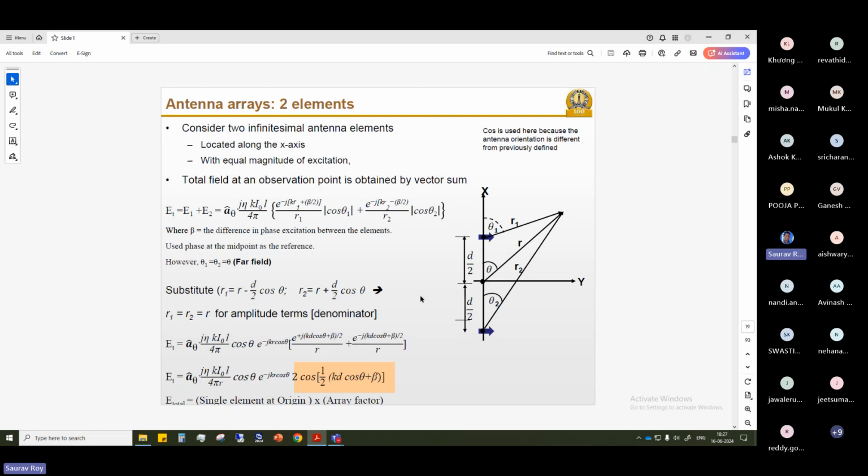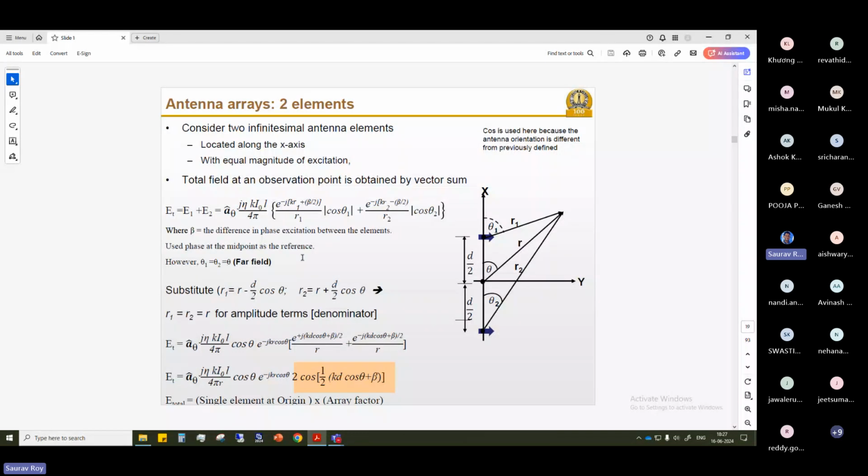So what happens is that we generally make an approximation here. If you go to a very far away point, then theta 1 and theta 2 become almost the same. So the amplitude remains almost the same, and for the amplitude term, R1 and R2 you can take as the same, equal to R. That is one approximation we generally do for far field calculation.